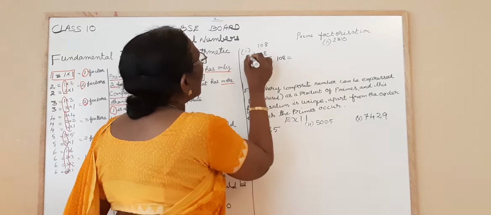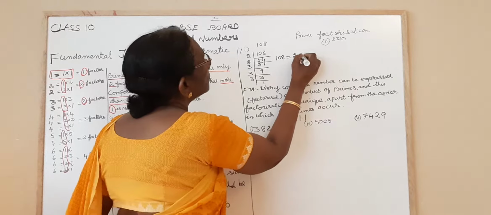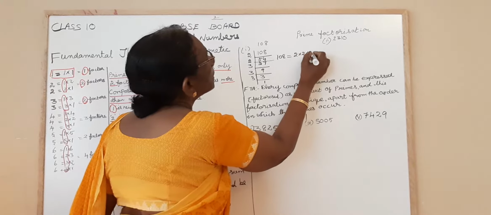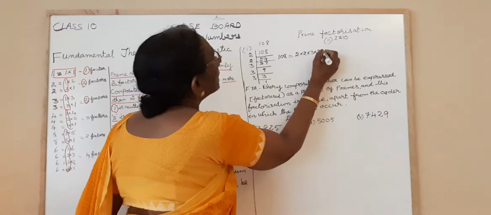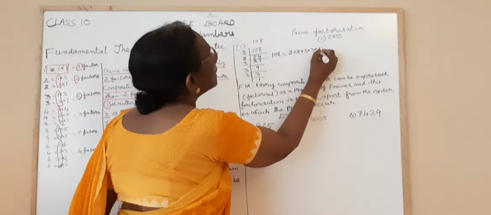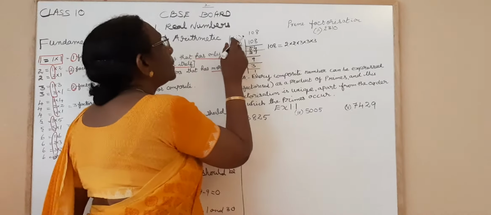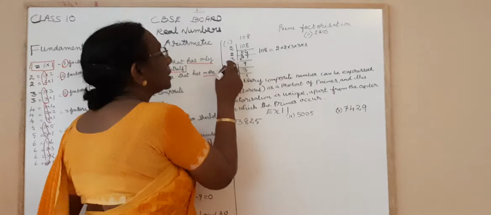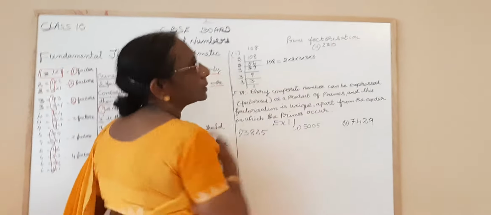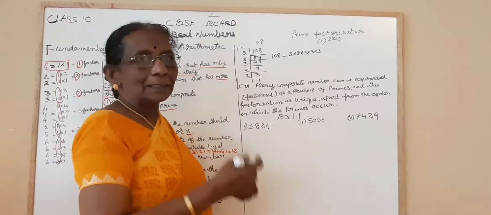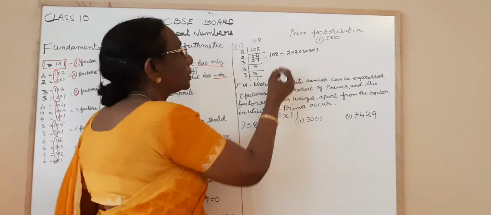Okay, so now you can write 108 as the product of 2 into 2 into 3 into 3 into 3. And now you can write in short form because 2 is repeated 2 times.